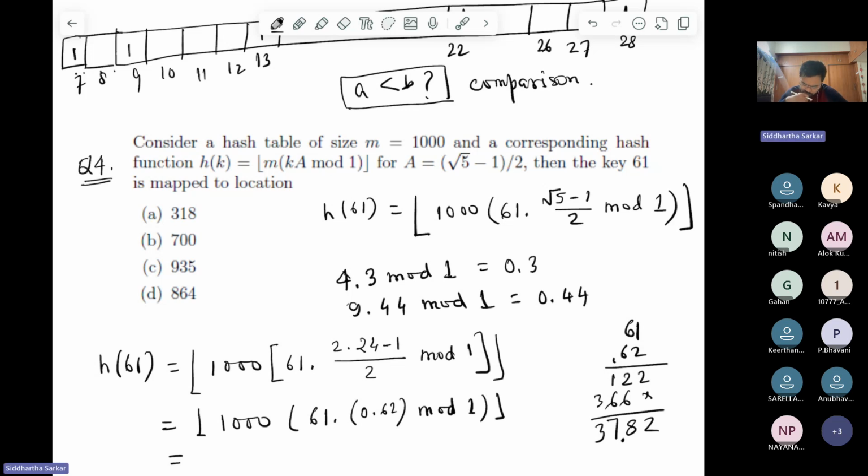Is this correct? Let me use a calculator instead of doing it by hand.